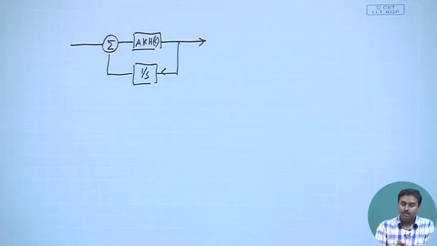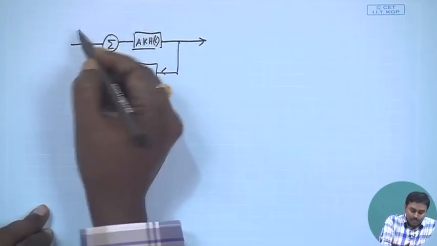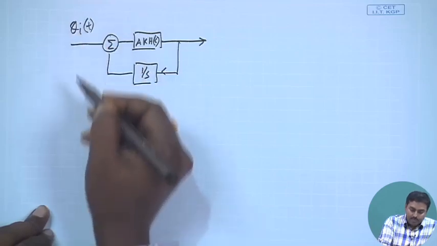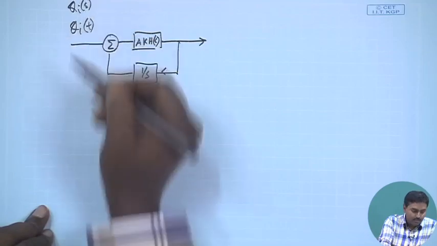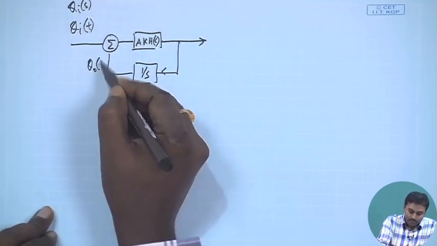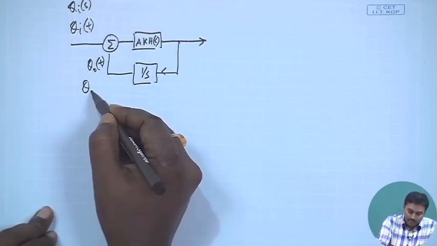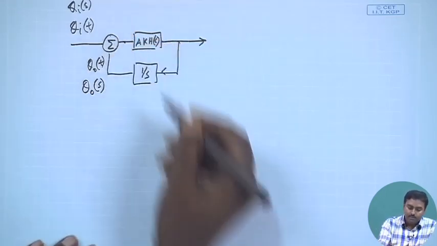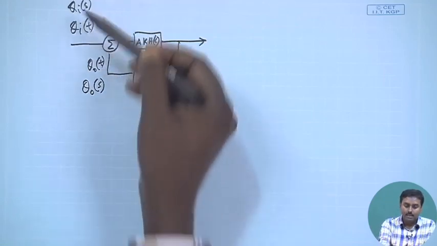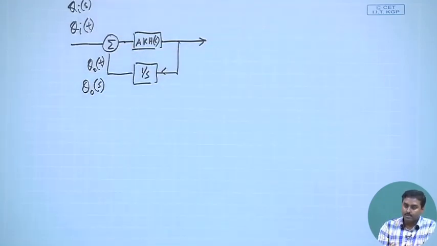Fine. So, this is my theta I t, or in the S domain I can write it as theta I s. This is theta O t, or I can write it as theta O s. So, at this point I get theta I s minus theta O s. This is plus, this is minus.